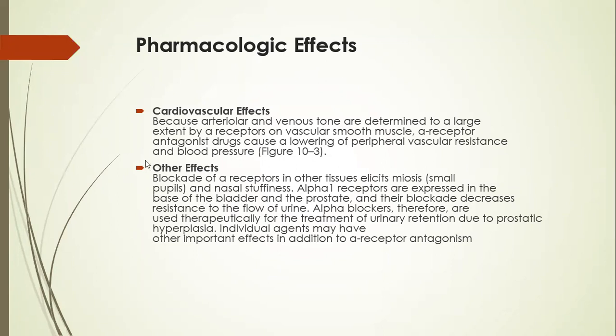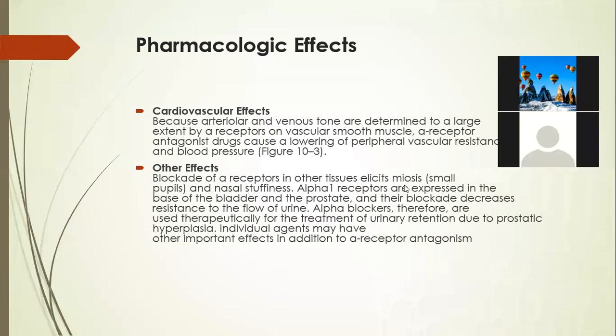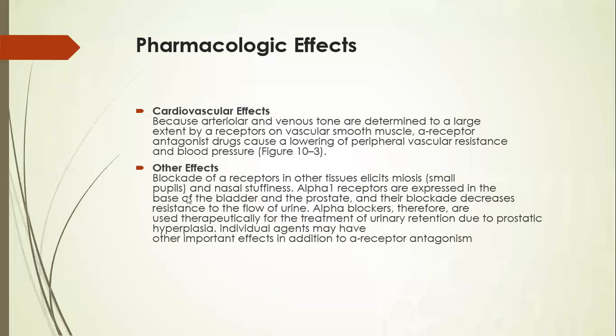what are the other effects that are seen with these alpha antagonists? What they do is blockade of receptors in other tissues, which elicits miosis, okay, small pupils, and nasal stuffiness.